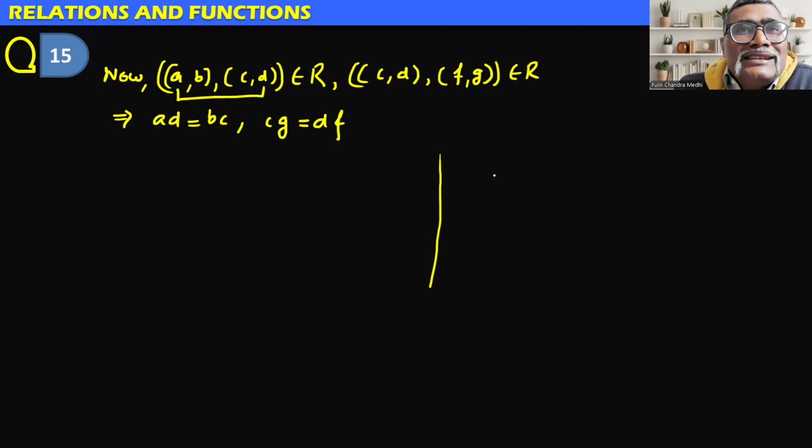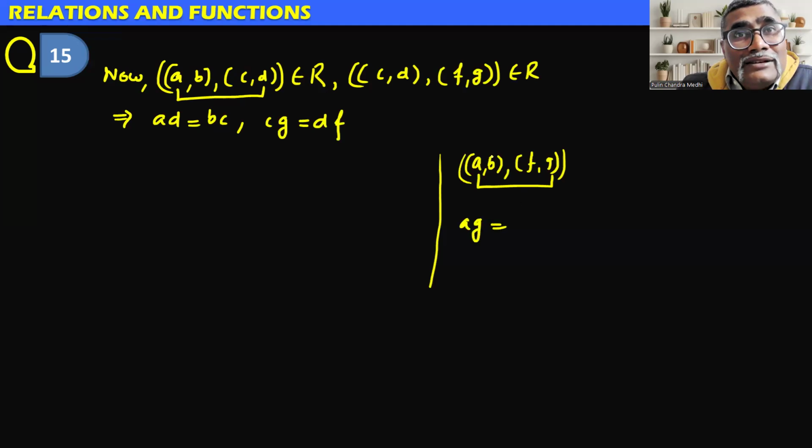You try to do it in the rough. I should get A comma B related to F comma Z. If I need to attain this, what should you have? A comma Z, sorry, A into Z should be equal to B into F. Now you have to do something here so that you get A into Z equal to B into F.